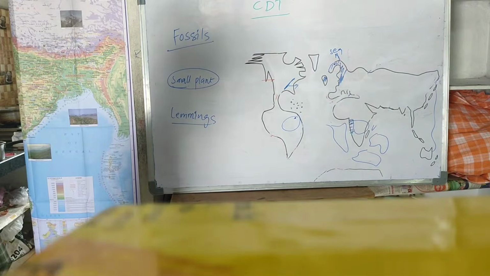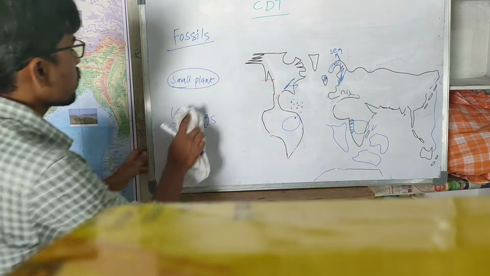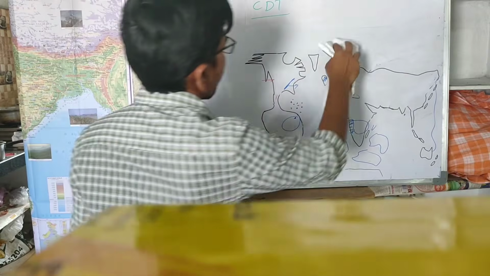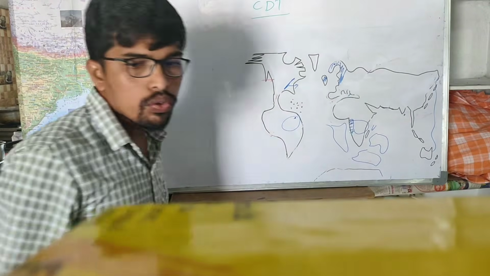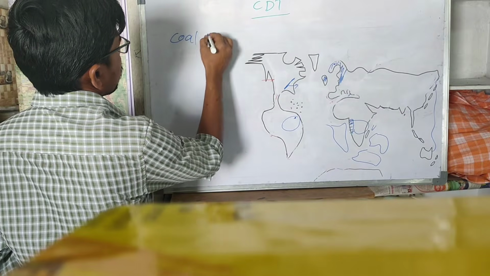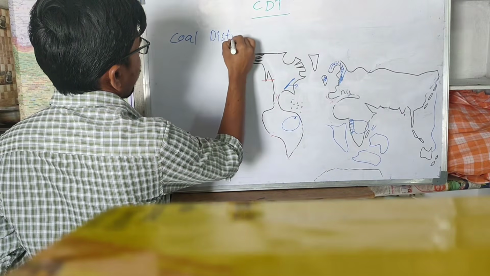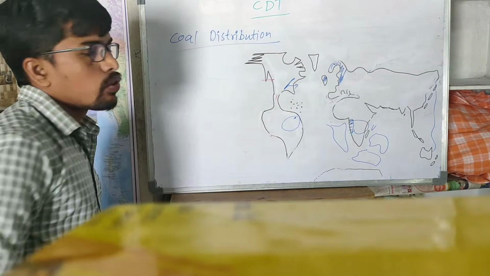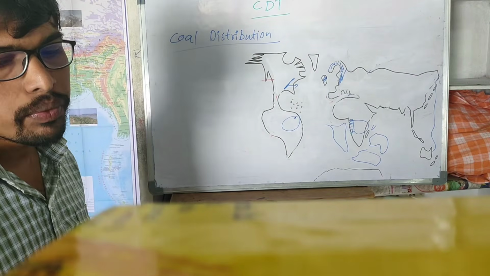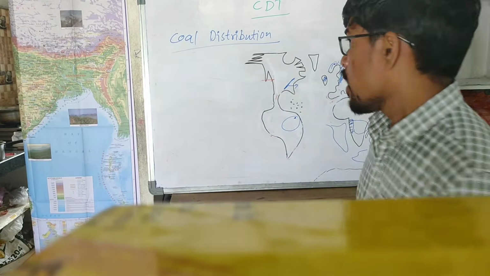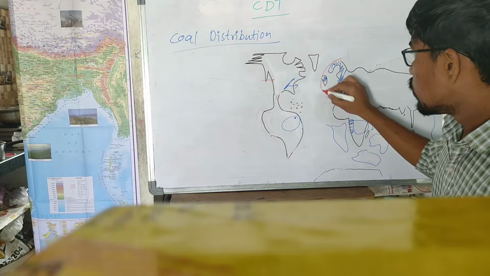And the next one is the coal distribution. The coal mines are present even today in the European countries.